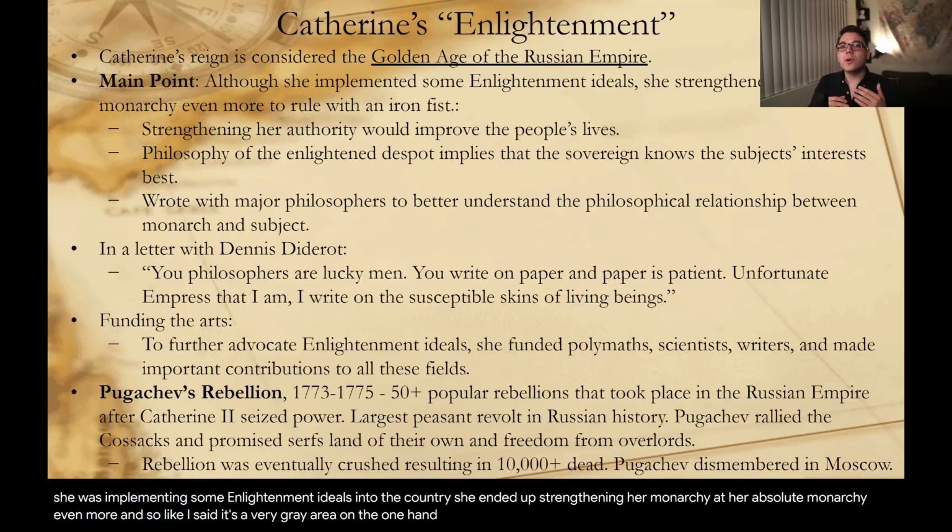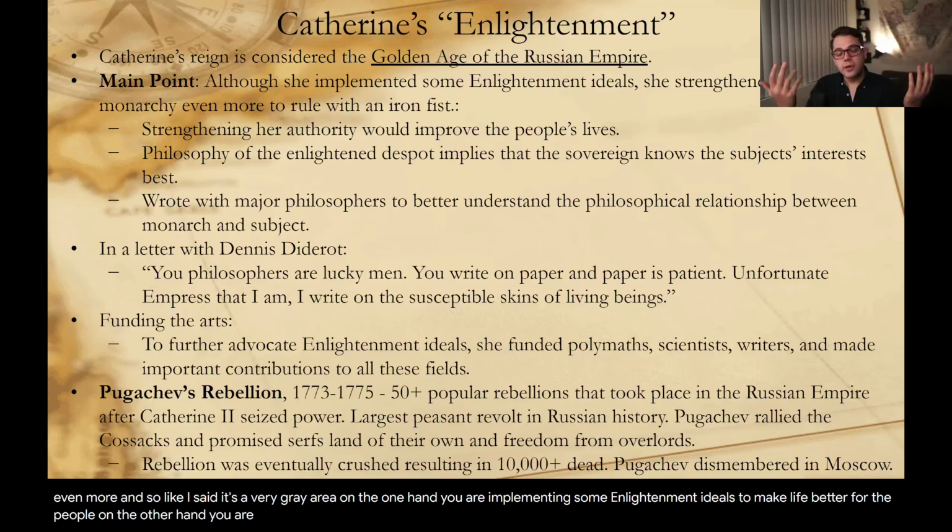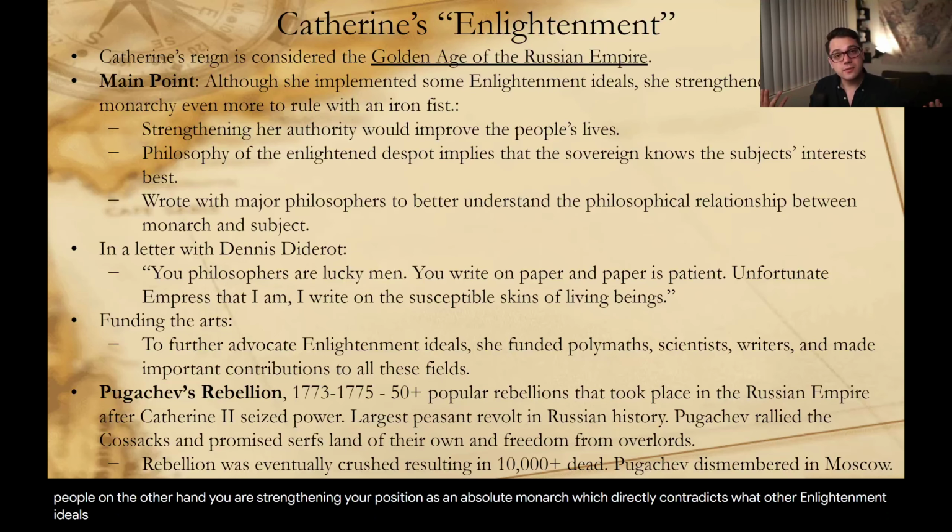On the one hand, you are implementing some Enlightenment ideals to make life better for the people. On the other hand, you are strengthening your position as an absolute monarch, which directly contradicts other Enlightenment ideals, right? And so she was famously writing with many of these philosophers from France.